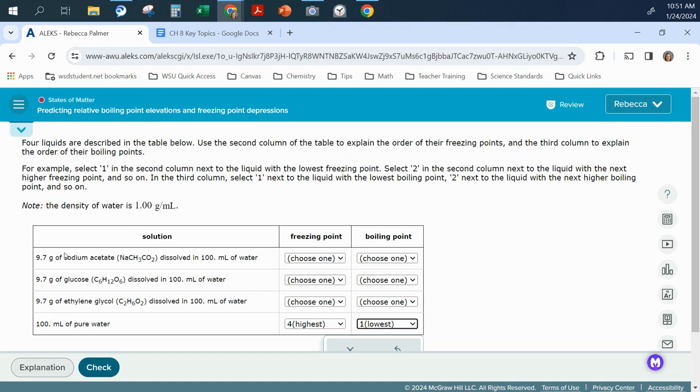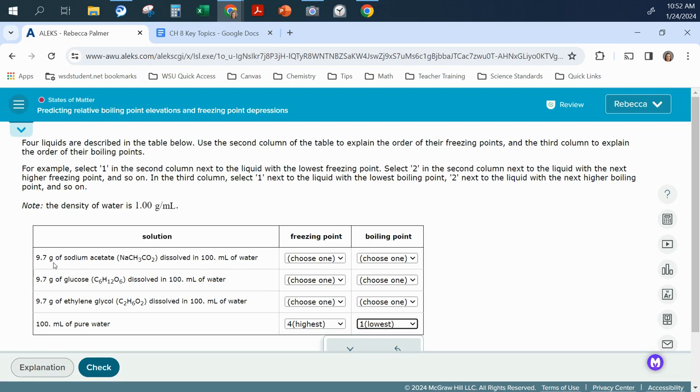So the first one we have is 9.7 grams of sodium acetate. And it gives us the formula. So looking at that formula, is this going to split into particles? Is this going to be ionic, covalent? Is it an acid?